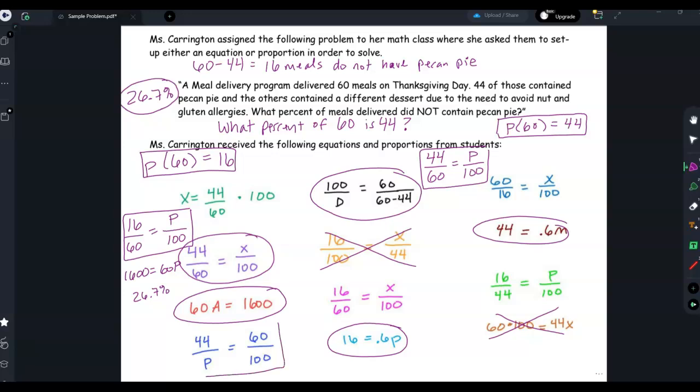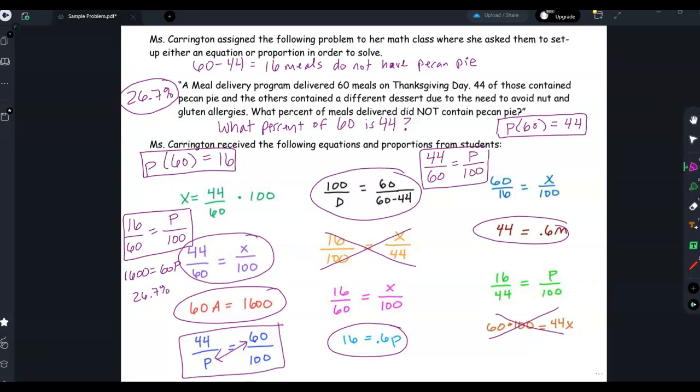This one, so it looks like they've swapped places with their 60 and their P, right? So is that okay? That should be okay.